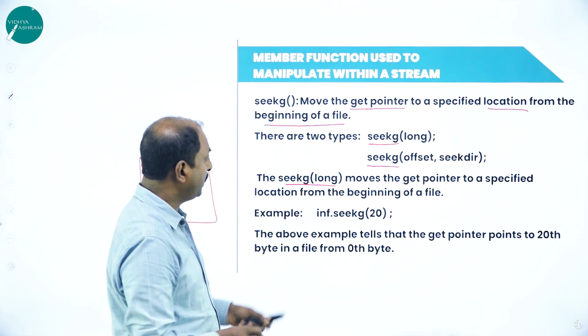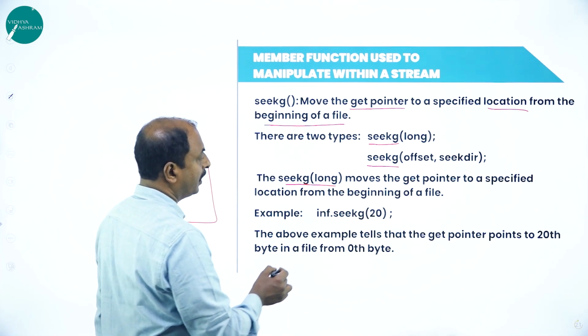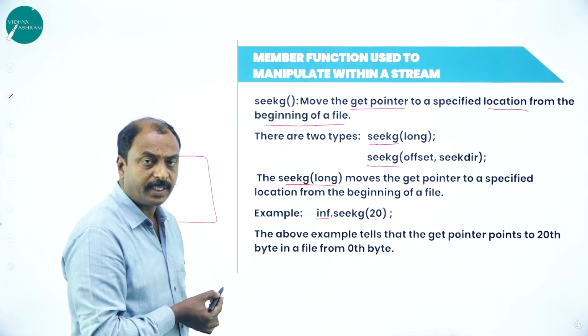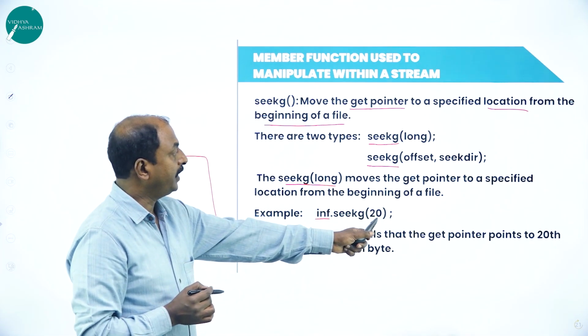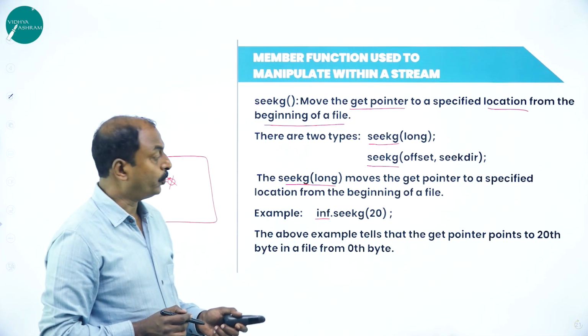Accordingly, look at the example: inf.seekg(20). Here inf is a stream object, and long is the data type, 20 is the value.